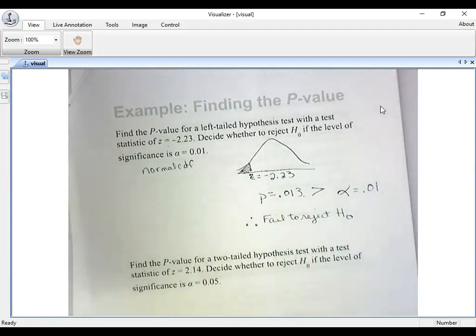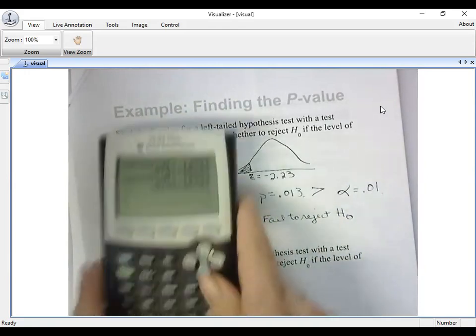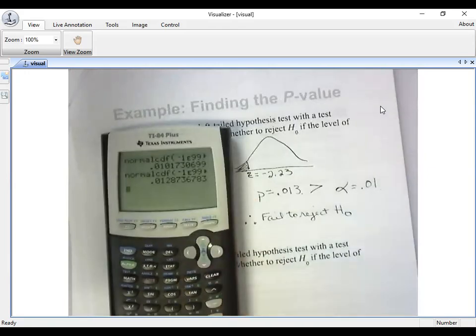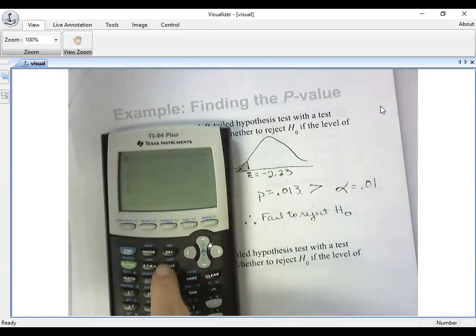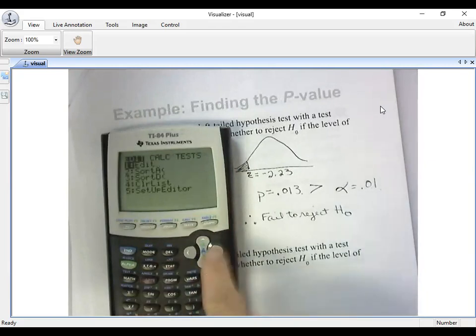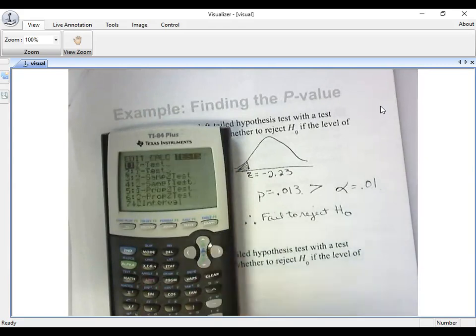There's another way you can do this. Let me show you. Here's what else you can do. Let's go back into stat and go to tests. When we wanted the confidence interval, we went down to number 7, which was the Z interval. Look at test number 1. That's a Z test. Now, here's how this is going to work.